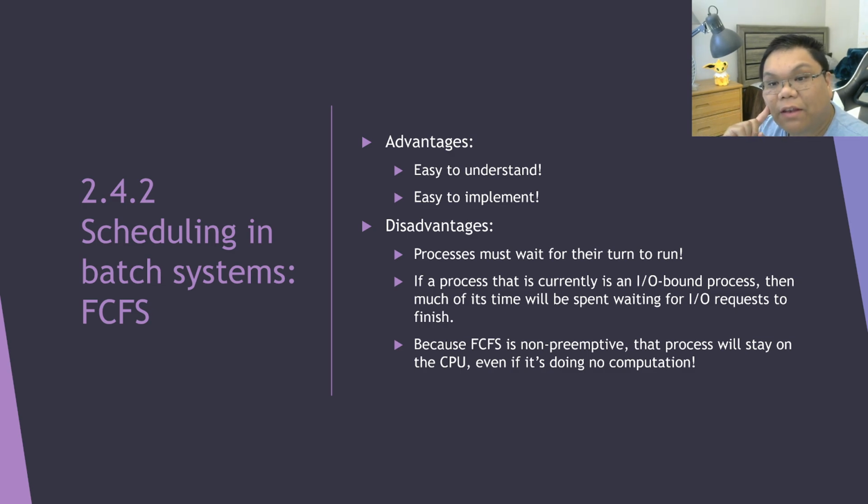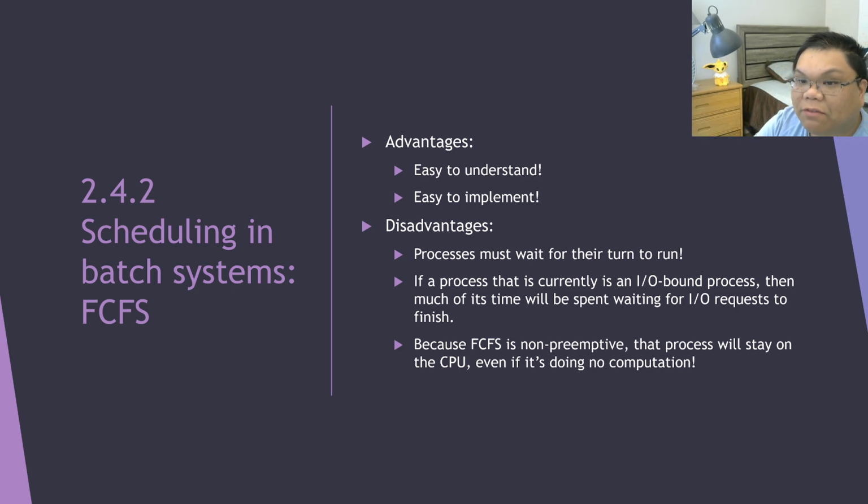So, what if we knew ahead of time how long each process is going to run? To minimize the waiting time, we could have the shortest process, the process that we know is going to run for the shortest amount of time, run first.